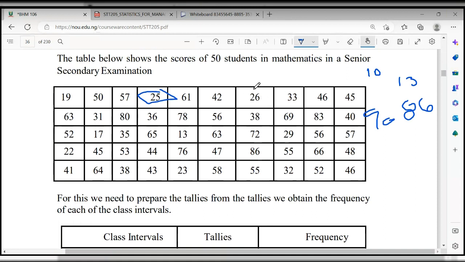I can see 26. I can see 29. I can see 22.